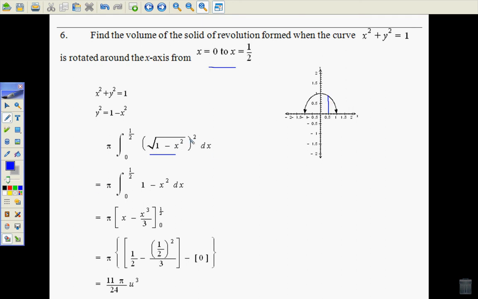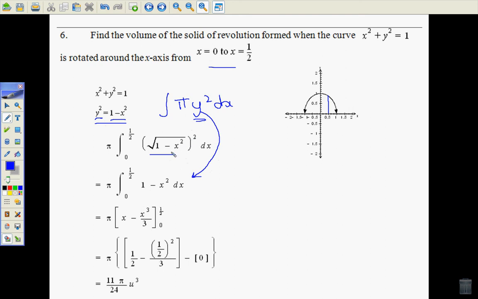We can put y in terms of x there. Now we can do this way, but I'd really prefer just to say, look, if y squared is equal to 1 minus x squared, and we're doing pi y squared, so it's going to be the integral of pi y squared dx, we've already got y squared. So what we need to do is just go straight down to this line.